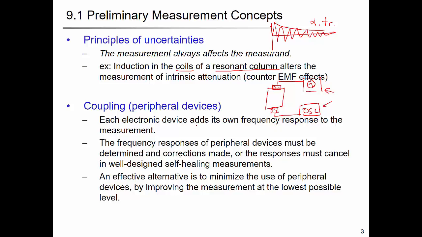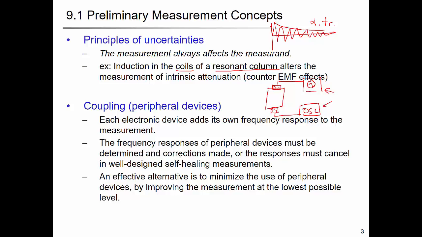So here, each electronic device has its own frequency response, and this must be determined and correction should be made, or the response must cancel out when we're designing a self-healing measurement. Self-healing measurement means that it calibrates the system by itself, or it cancels the peripheral electronic device effect by itself.